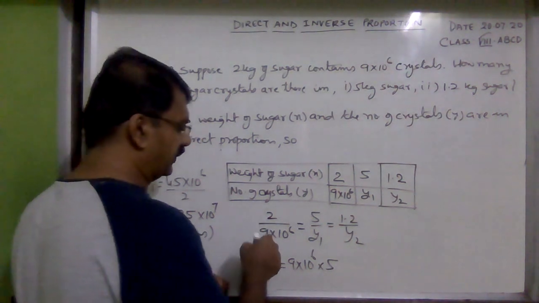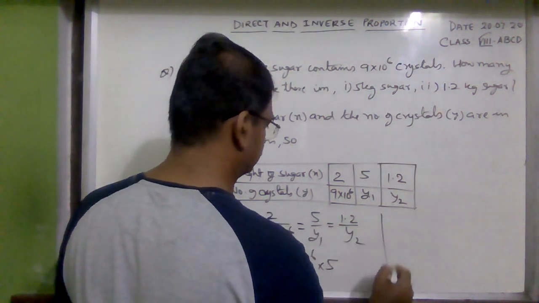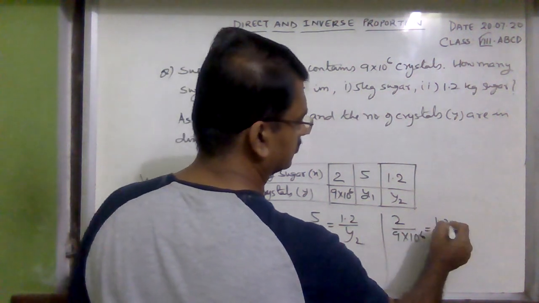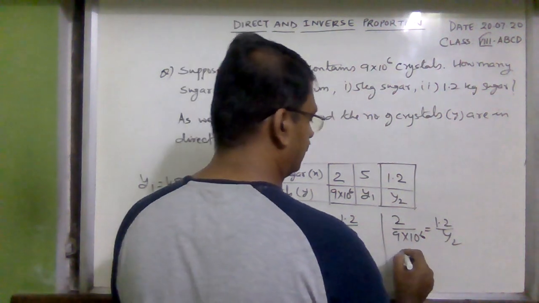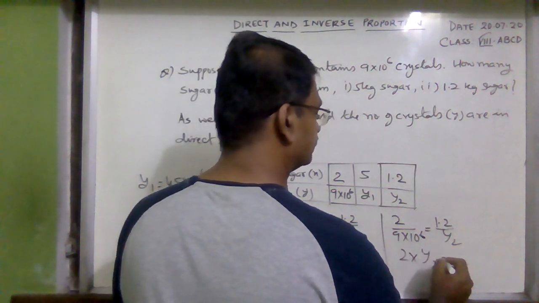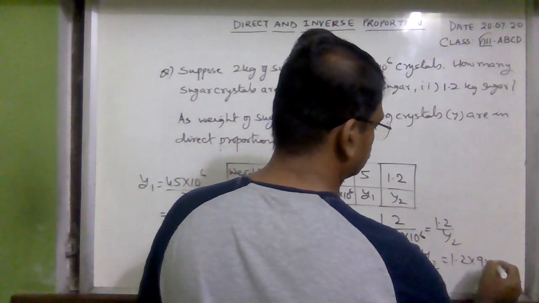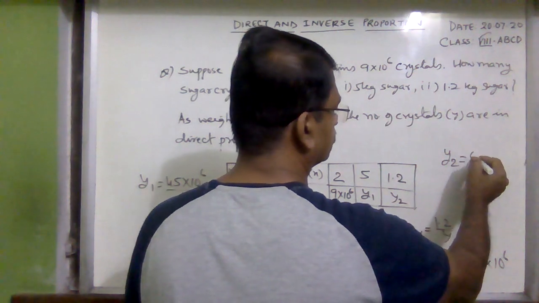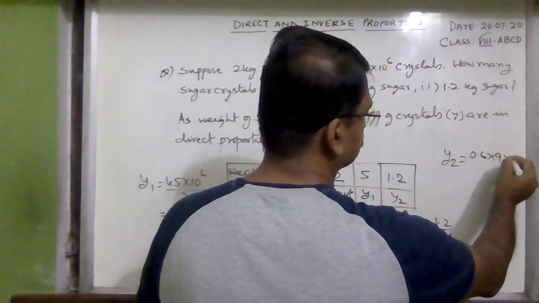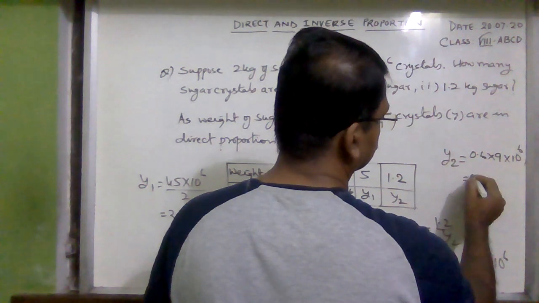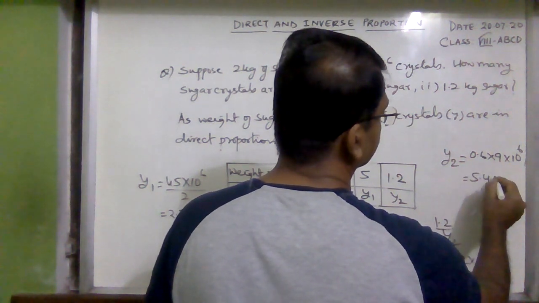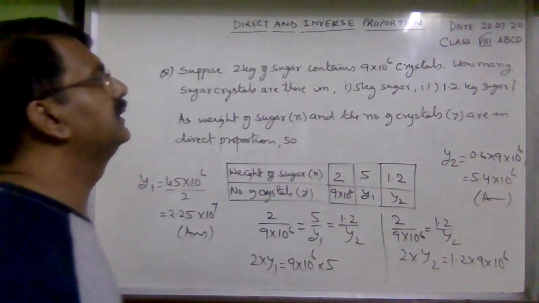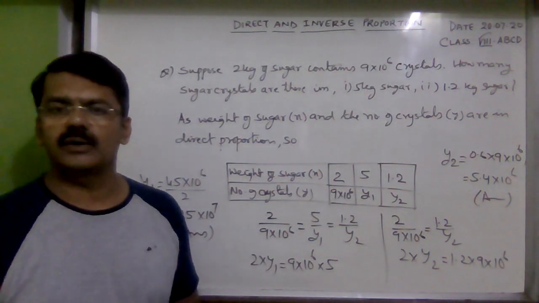And now you equate the first and the third. Once again cross multiply. So y2 will be equal to 5.4 into 10 to the power 6 is your answer.